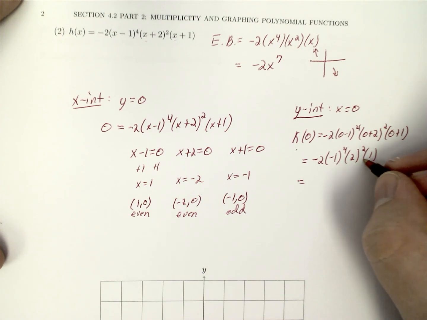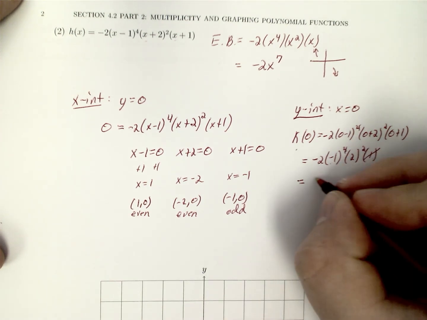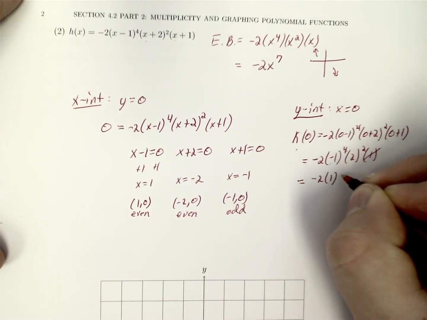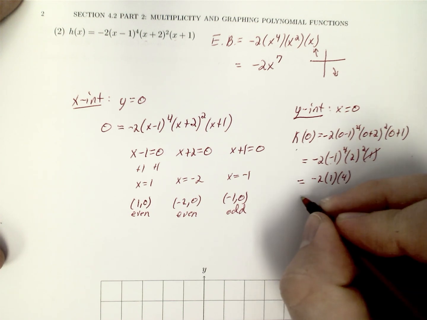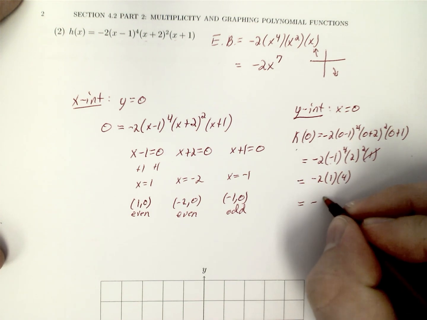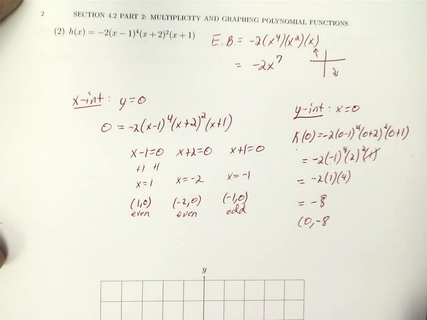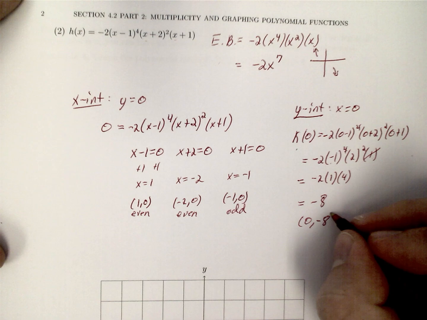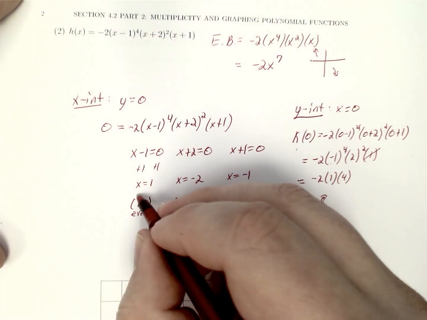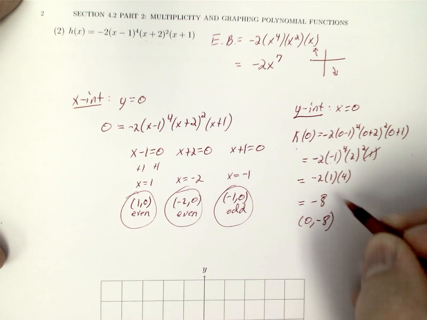Times 1 doesn't do anything. -1 to the 4th is 1. 2 squared is 4. So we get -8. So when we plug in 0, we get out -8. And these are our intercepts.